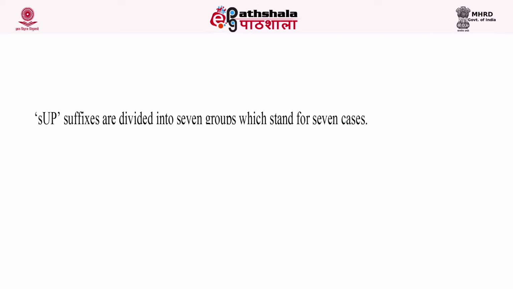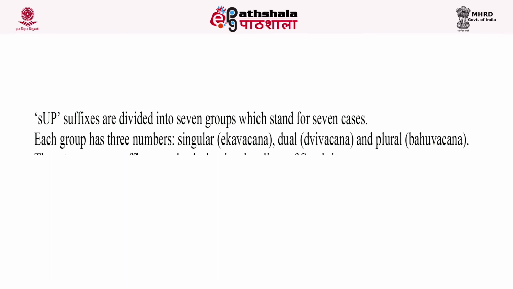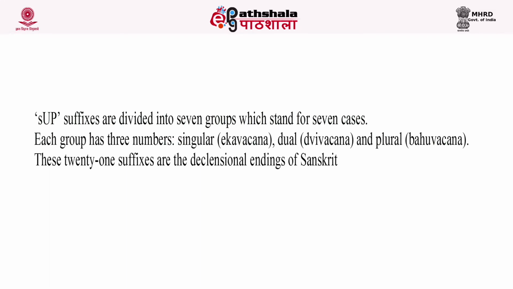Note that the sup suffixes are divided into 7 groups which stand for 7 cases respectively. Each group has 3 numbers: singular, ekavachana; dual, dvivachana; and plural, bahuvachana. These sup suffixes are listed in Sutra 4.1.2 svaujasamaut.